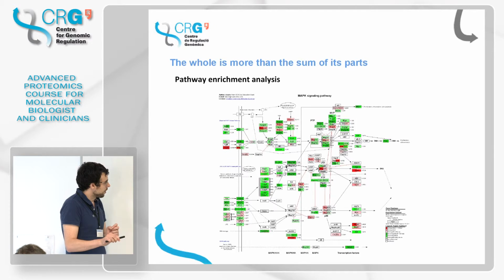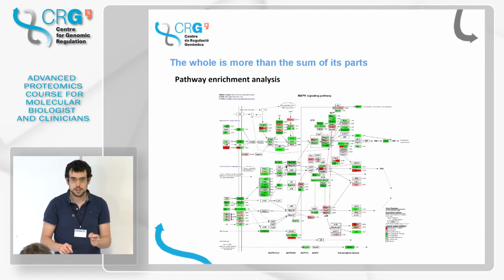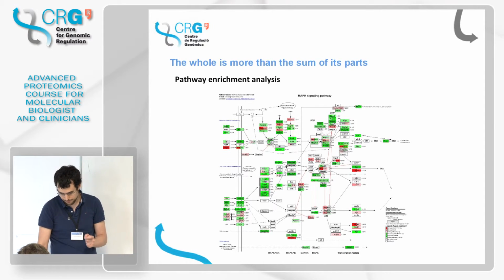So here the green and red mean the fold change, and you can see, for a particular pathway, how many proteins we have identified and quantified with significant changes in abundance.